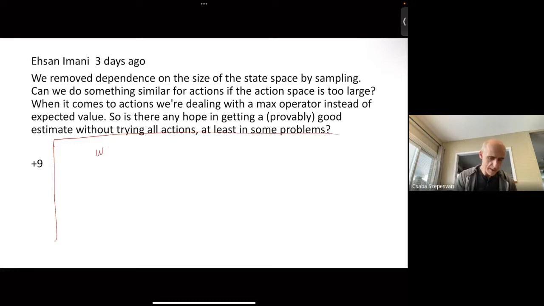Without structure, no. We also had the lower bound for just planning: if you have no restriction on the size of the state space, then no algorithm can do better than build this look-ahead tree, look at all the leaf nodes, find the needle, and return the corresponding action at the root of the tree.